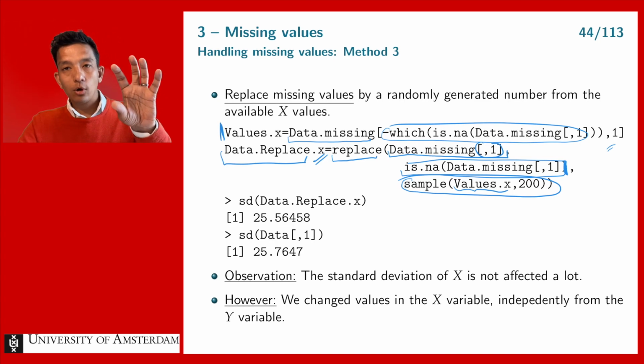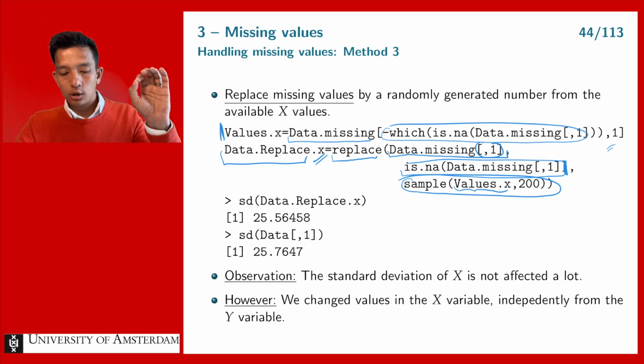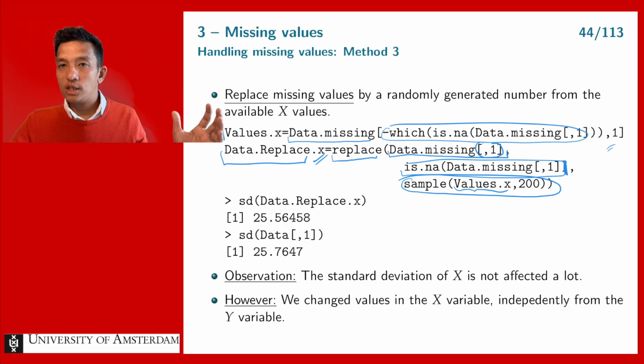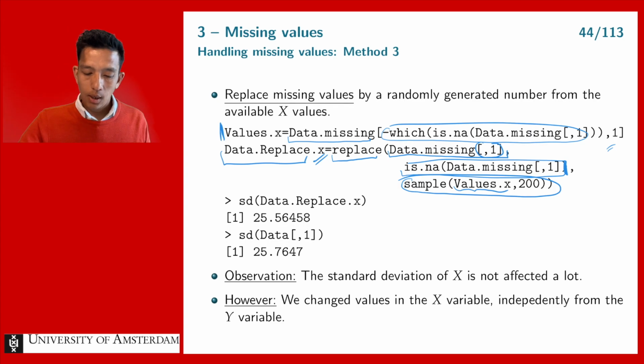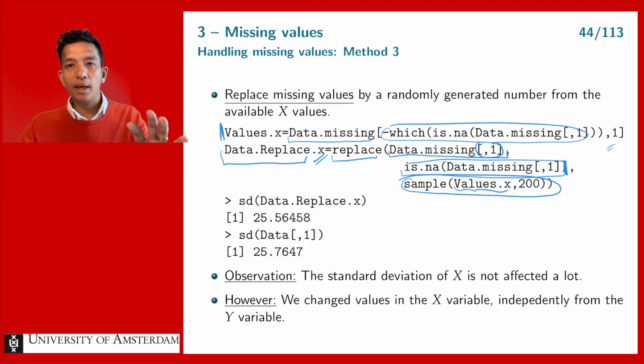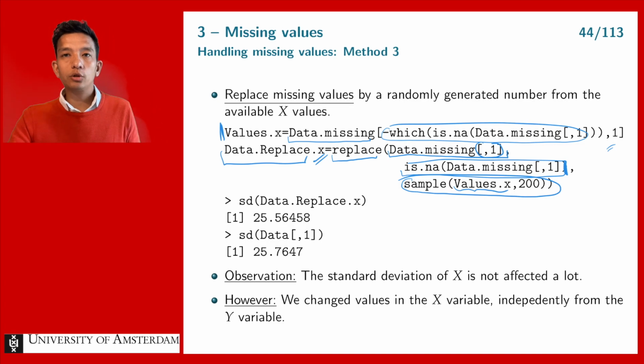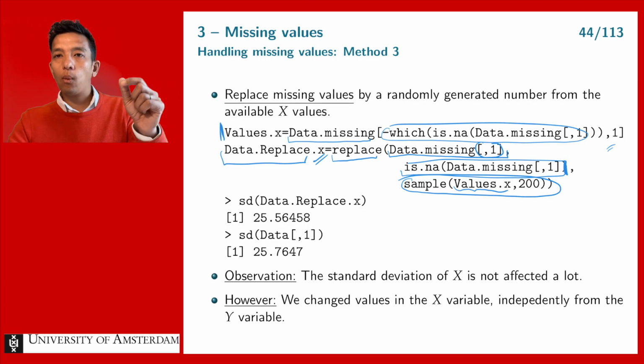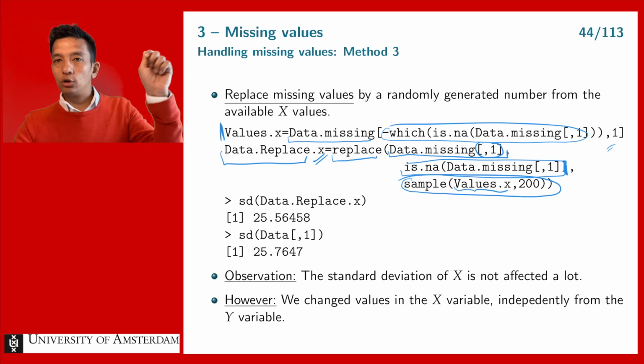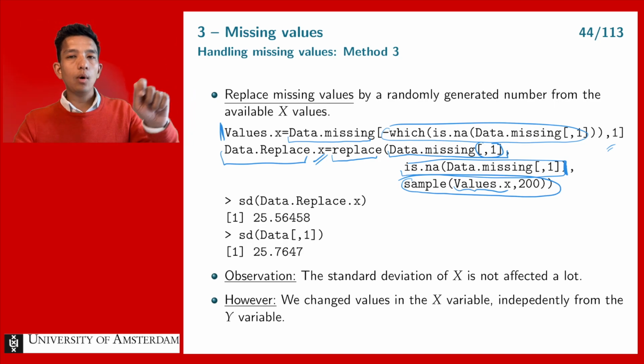So then I'm going to randomly pick a number from one of the observations that I had, and I put that instead of the missing value. So I'm going to replace the missing values, but not by the sample mean, but by something that I observed already. For example, assume that I have grades, and for one student, I have no grade. I just randomly select a grade from all the other students. I say, you have the same grade as this student, and I put it in.